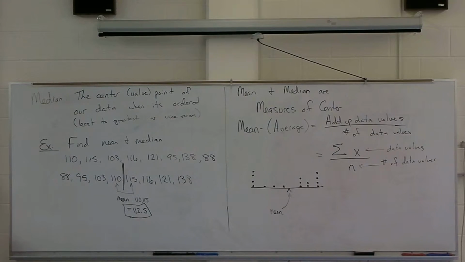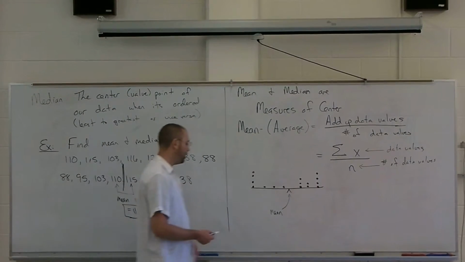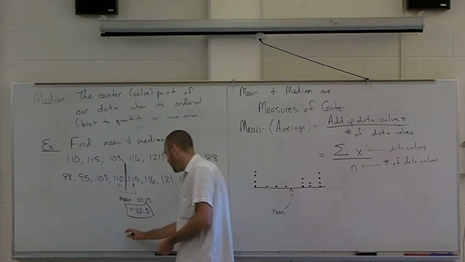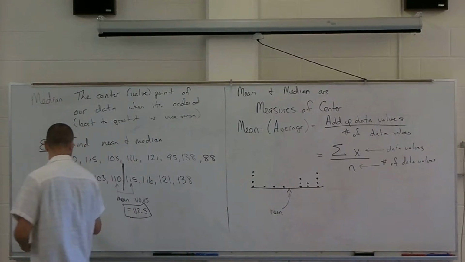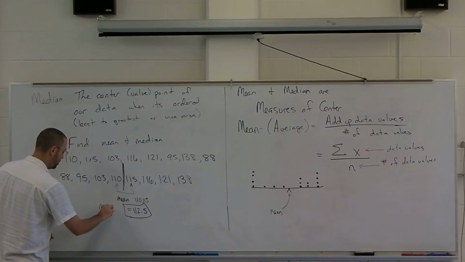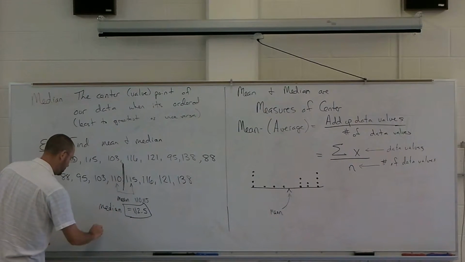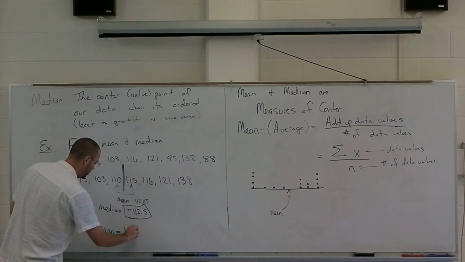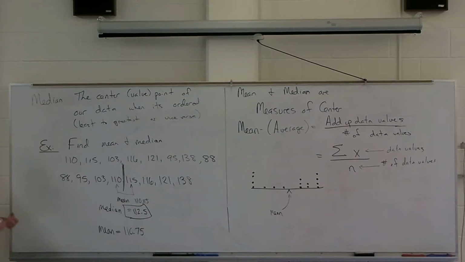All right, so we have our median. What about our mean? If you were to find the mean here, what would you get? 110.75. The overall mean here is 110.75. The book and most people that work with statistics on a regular basis like to find shorthand notation for this.